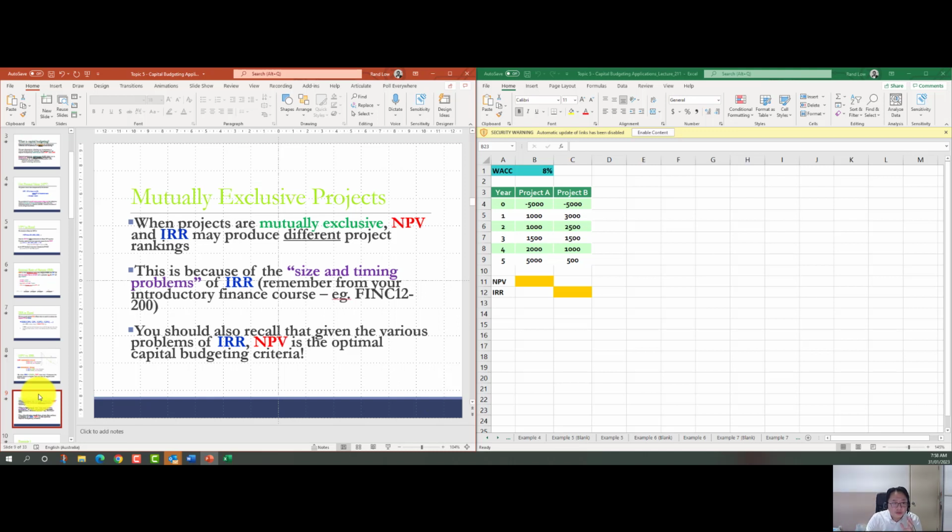This is really because there are size and timing problems in IRR, basically the size and the timing of different cash flows. Okay, so from earlier finance courses, you probably recall that sometimes because IRR has certain issues, net present value is the optimal capital budgeting criterion.